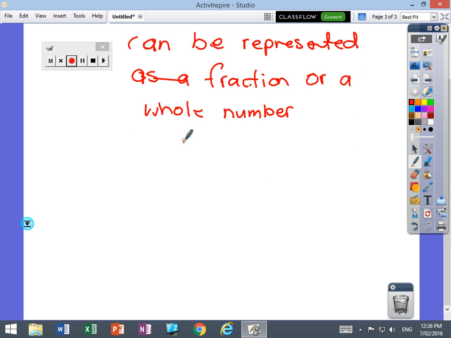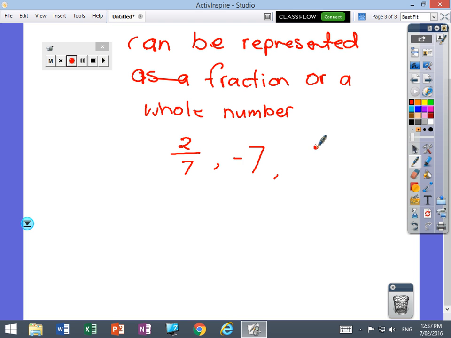So if I put in a fraction like 2 over 7, this would be considered a rational number because it's a fraction. If I put the number -7, it's a whole number or it's a fraction, this is fine.